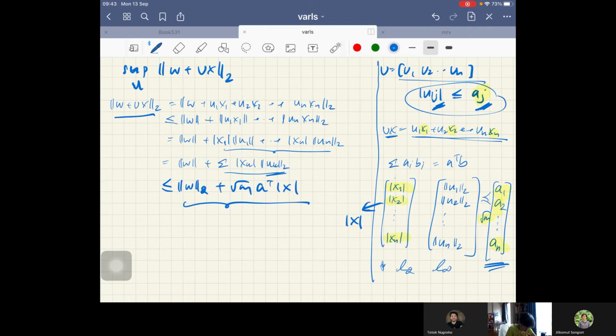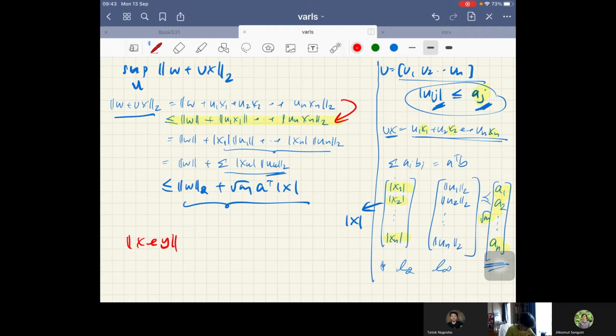Now we would like to make a point: how can we achieve this upper bound? When does the supremum occur? We need to go back a little bit to when we first obtained the first inequality, which is the triangle inequality. You have the sum of several vectors, and the norm of the sum is bounded by the sum of the norms.